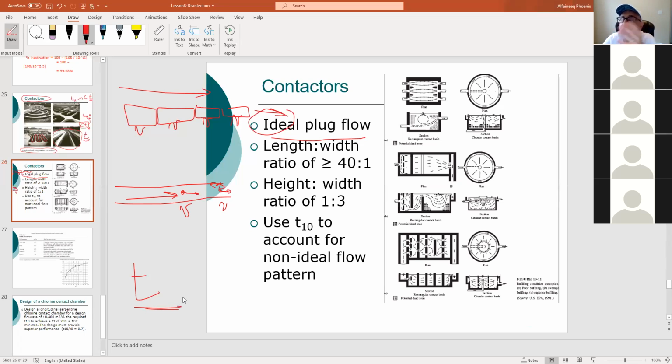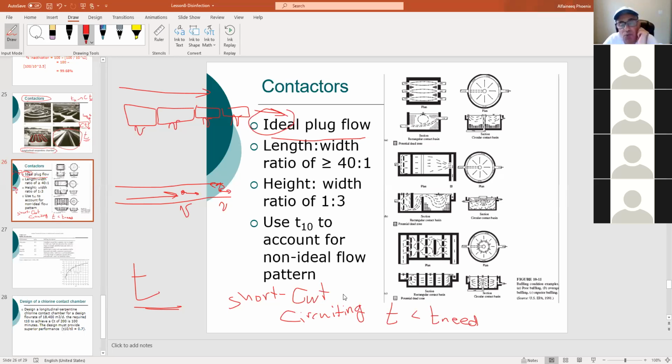If it finds a shortcut, short-circuiting, then T actual is going to be less than the T needed. And in this case, maybe you don't have sufficient disinfectant availability or effectiveness. So we have to account for that.